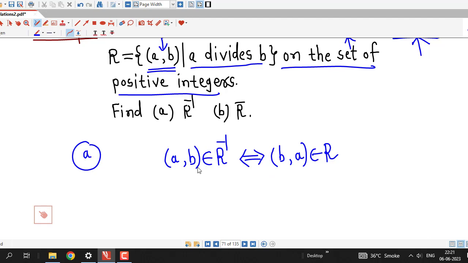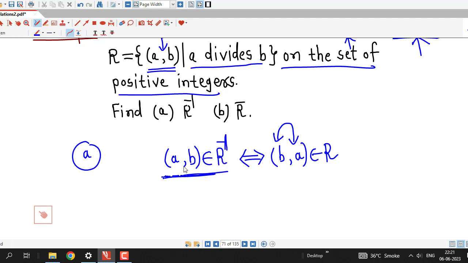Converse of a relation is obtained by interchanging the order of members in a given relation R. So suppose I am interested in the nature of elements in the converse of a relation, then I start with an arbitrary ordered pair in the converse of a relation.